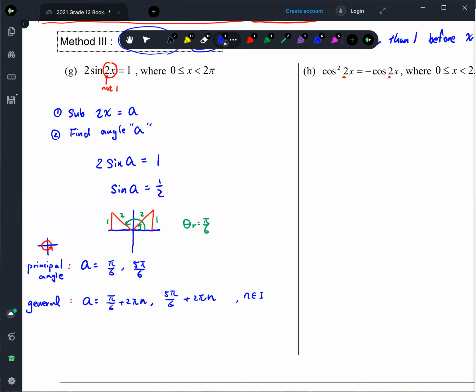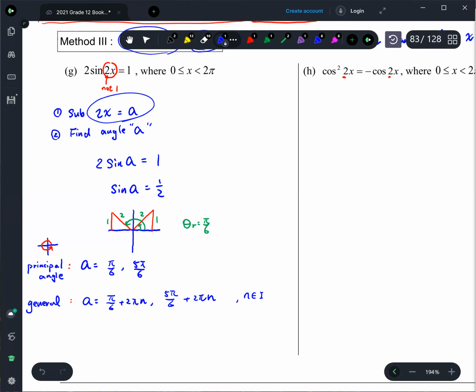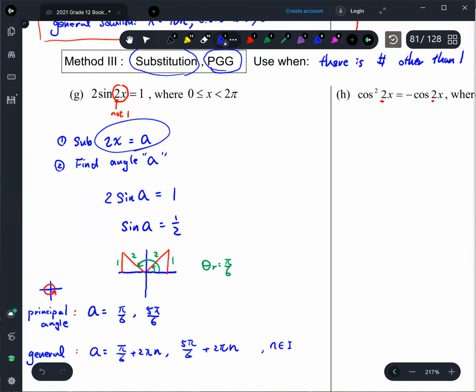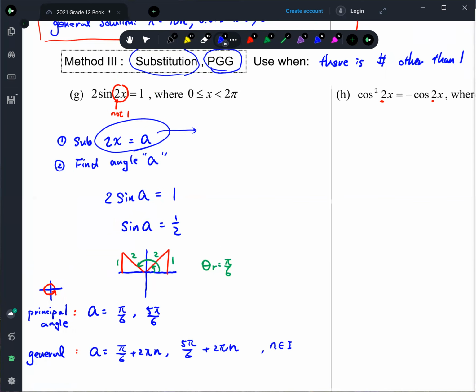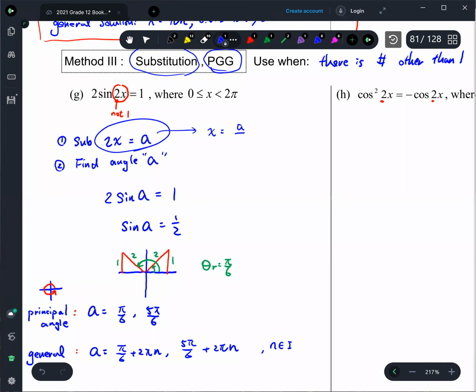And remember A, at the beginning we substituted 2x for A, right? So that means A is actually double what we want. We want to find x, not 2x, right? So to find x, you need to take your A divided by 2. Because A is 2x, so x is A divided by 2.